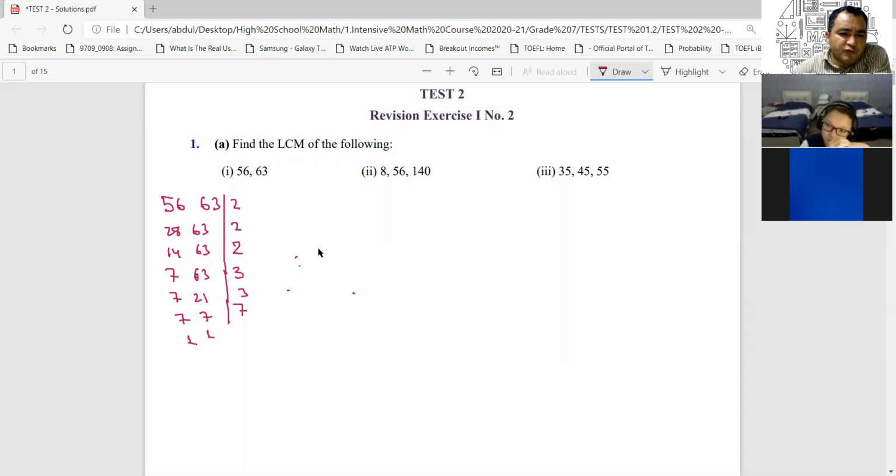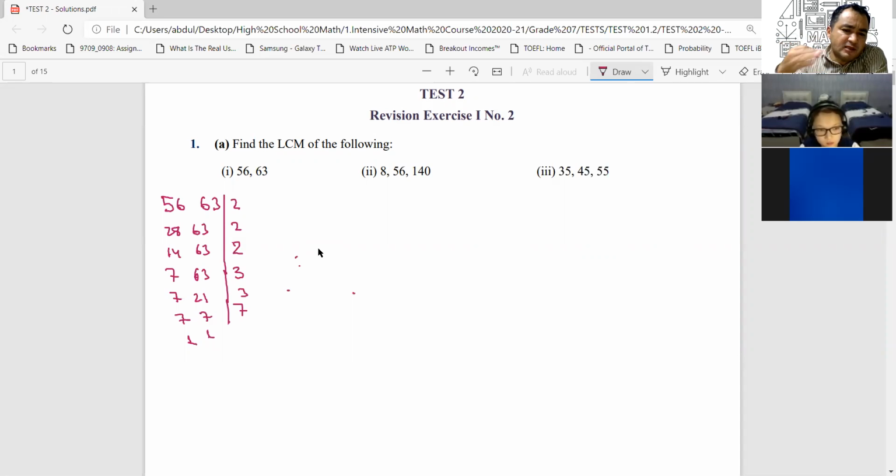Now here, to find the least common multiple, first we have to find all the prime factors of these numbers, right? Because I'm just starting from the smallest prime number. First, I should divide by 2 as much as possible. When 2 is not their factor anymore, we just stop. And what is the next prime number? It is 3.